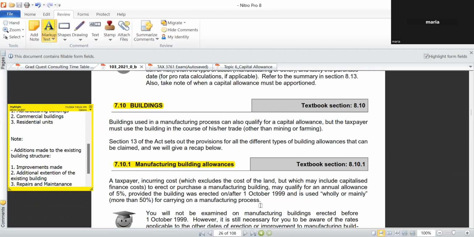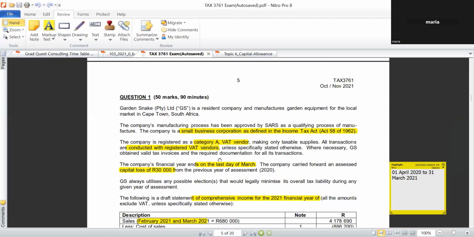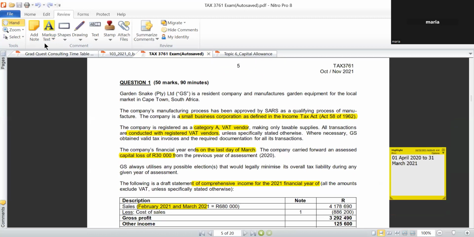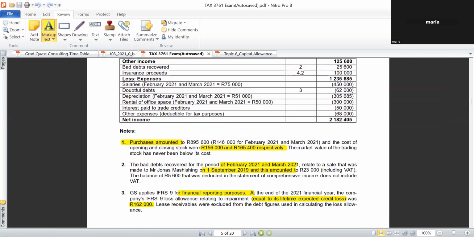Now, after I've discussed the capital allowances around buildings, all right, I'm going to take you guys through one of the past exam papers. So I'm going to look at question number 1 with you guys. That was for the October-November 2021. So this is one of the practical questions that I can discuss with you.